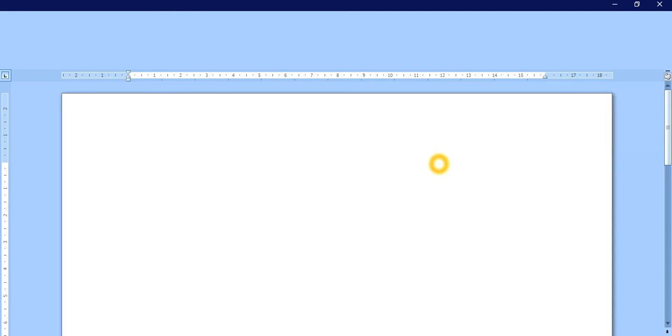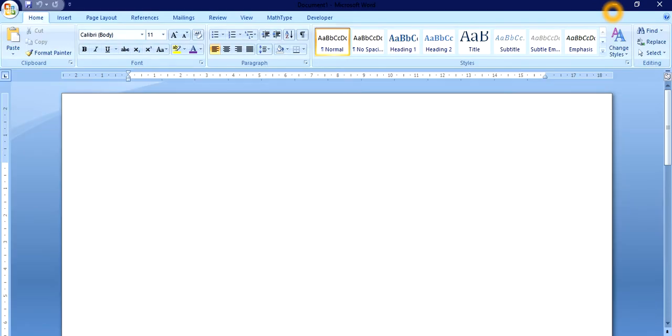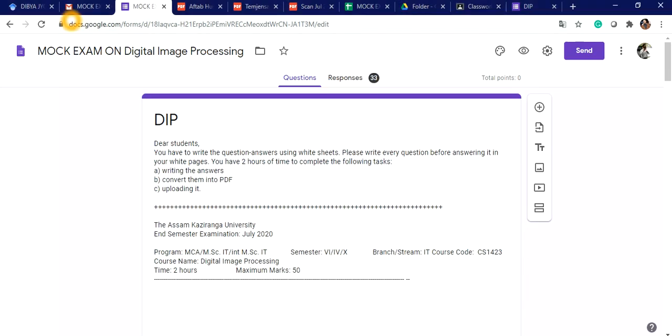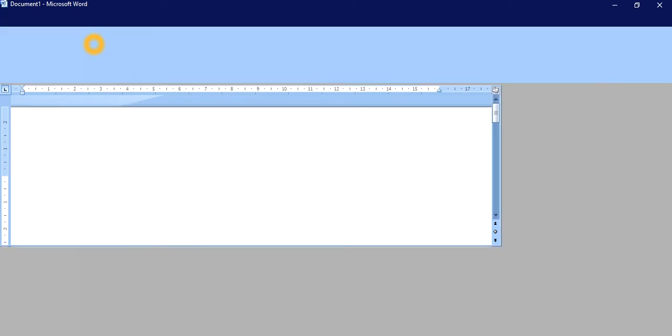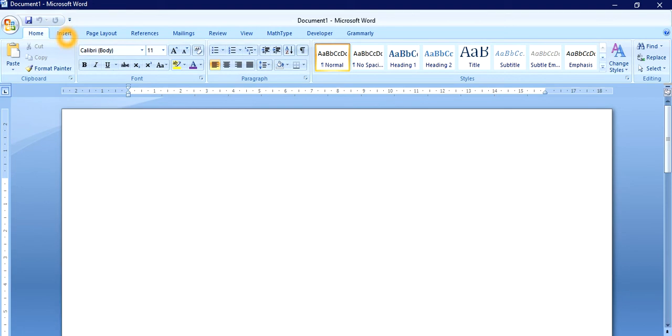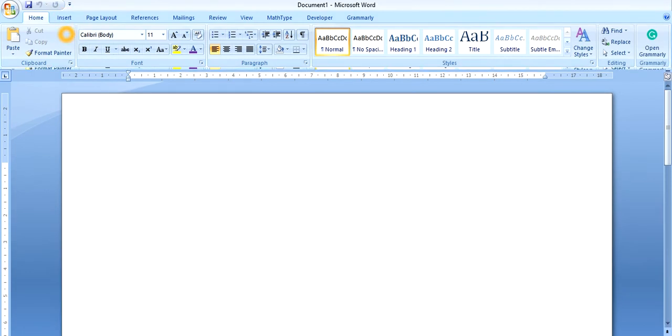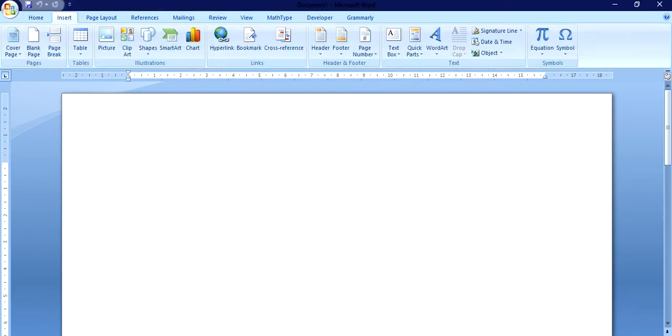So it is very simple, isn't it? Still, if you have any doubt, you can ask me through comments. Okay, so this is the Word document. You can easily insert pictures through this Insert option, then Pictures, like that. So that you can do easily.